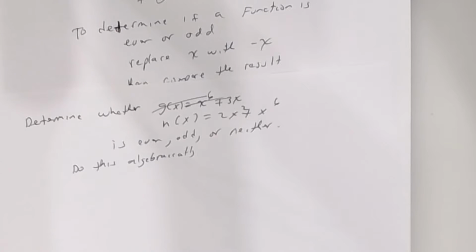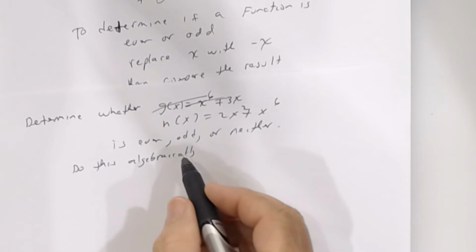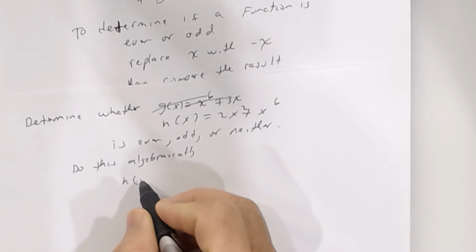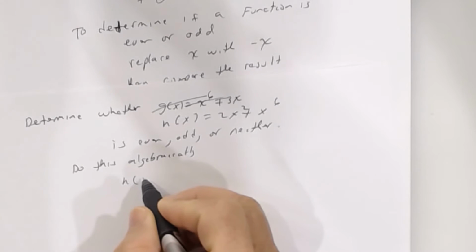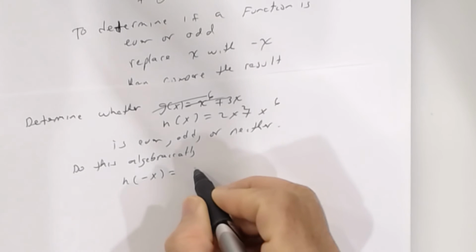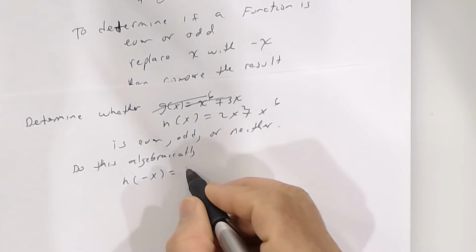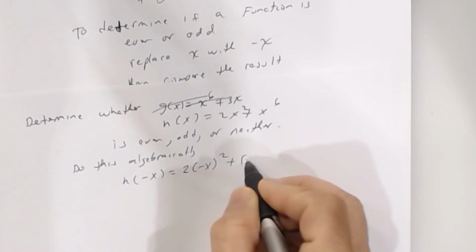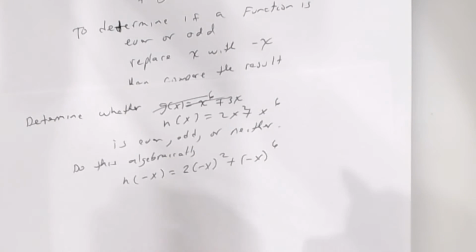So to do it algebraically, that's where you replace x with what? Negative x. So let's replace x with negative x. So that means I got to find h of what? Negative x. So where we see the variable x, what do you plug in? Negative x. I get 2 times negative x squared plus the negative x to the 6th power.